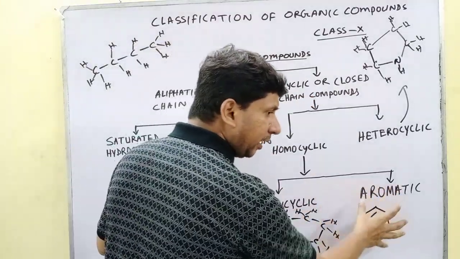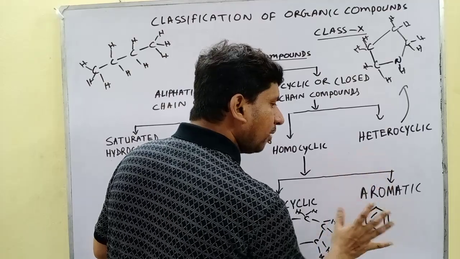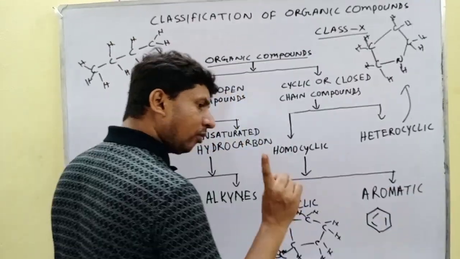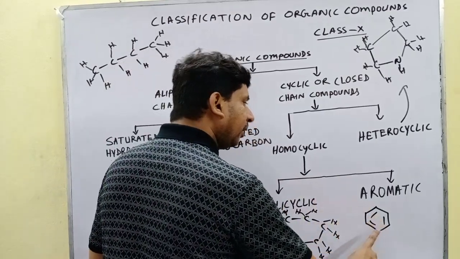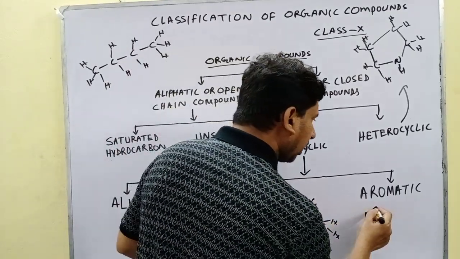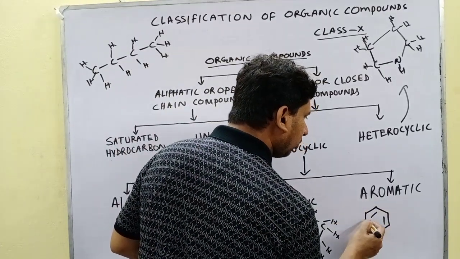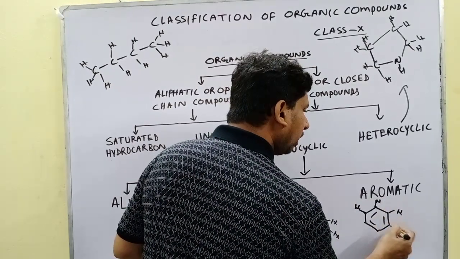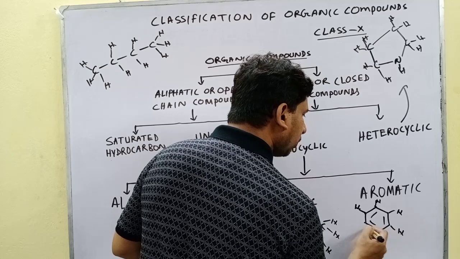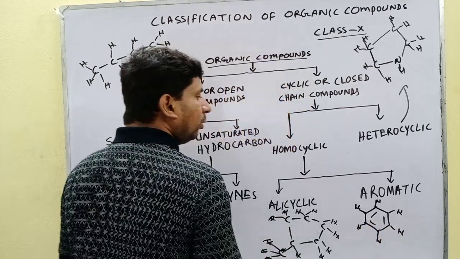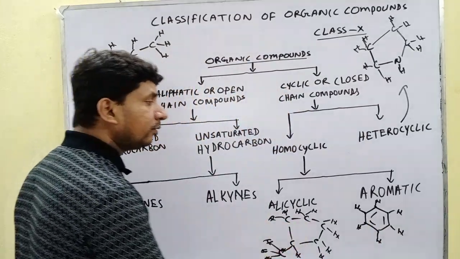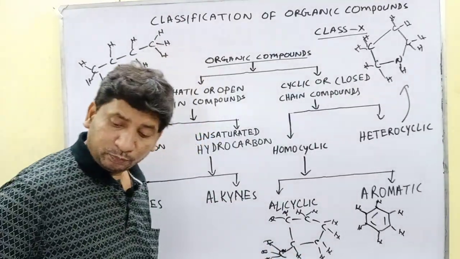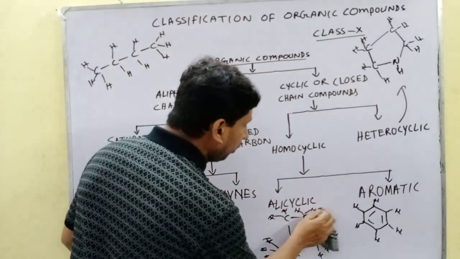I am not discussing it here. Aromatic compounds are cyclic and homocyclic: carbon, carbon, carbon, carbon, carbon, carbon, each with hydrogen. In alicyclic compounds, there is no characteristic odour or aroma. So this is an alicyclic compound.